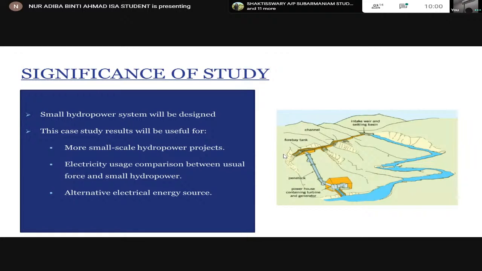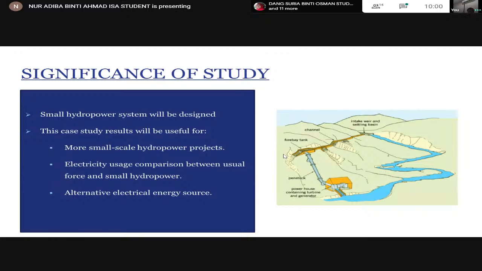What is the significance of the study? This case study will be very useful in future because many small-scale hydropower projects must be built in Malaysia. We can also compare normal electrical usage with small hydropower in terms of cost, maintenance, and the power produced per hour and annually.